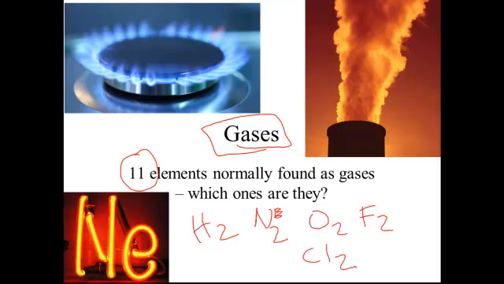Remember that there's also bromine and iodine as well. So there are 5 gases that, in their elemental state, are gases. And then obviously the noble gases, the very last column on the periodic table, are also always gases. So helium, and then straight down the periodic table.